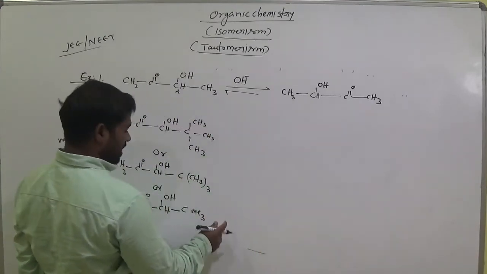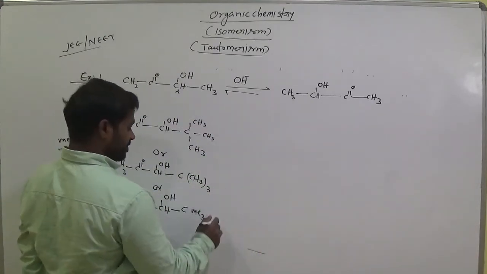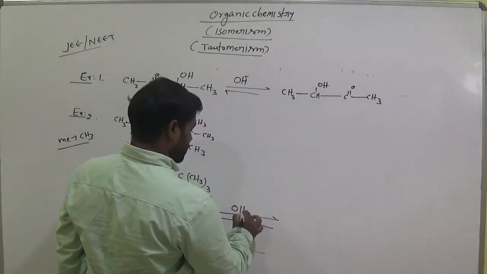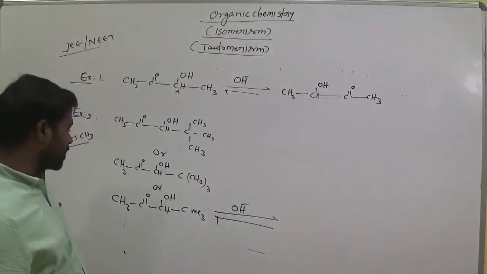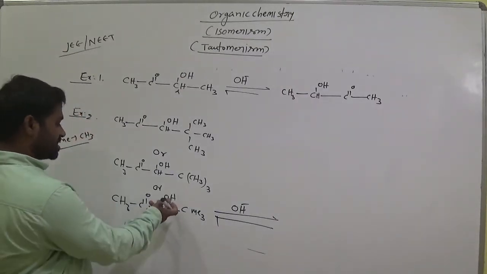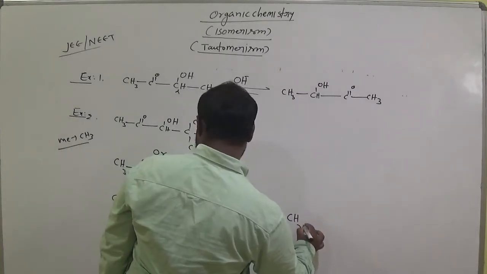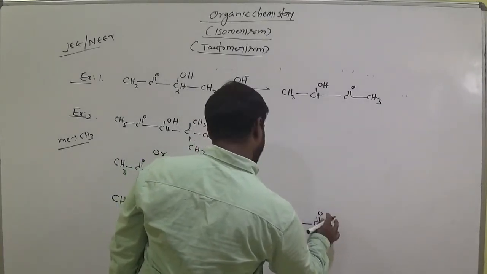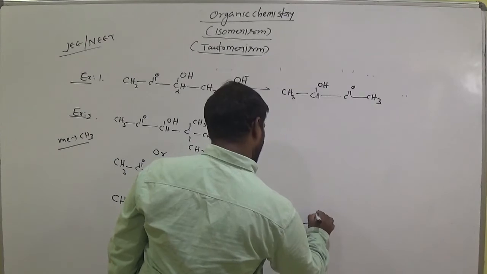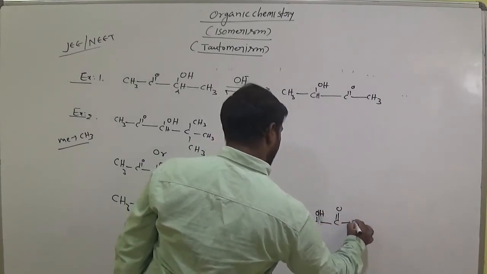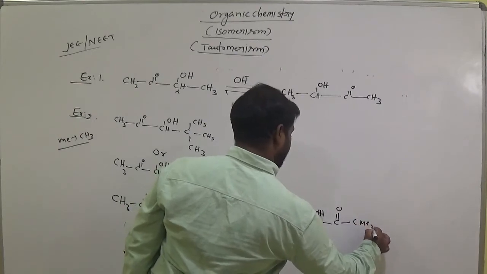Now I would like to mention here, in presence of base, what is the expected product? So these positions are exchanged. That is CH3 bond C, bond OH bond C double bond O bond C Me3 taken thrice.